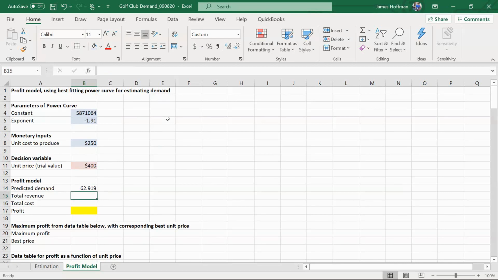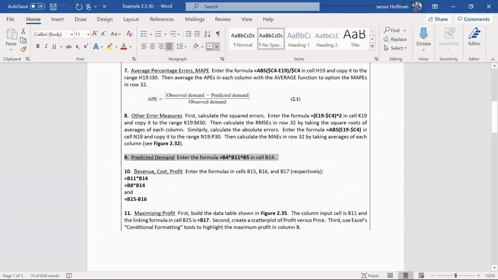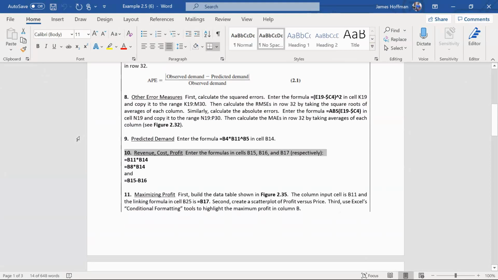Next step is to get revenue, cost, and profit. Back to the steps. Step 10, we're going to put those three simple formulas into cells B15, B16, and B17. That'll get us to the profit.